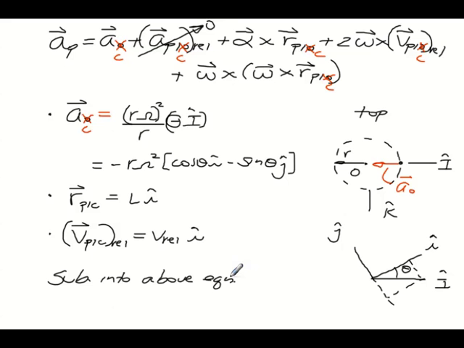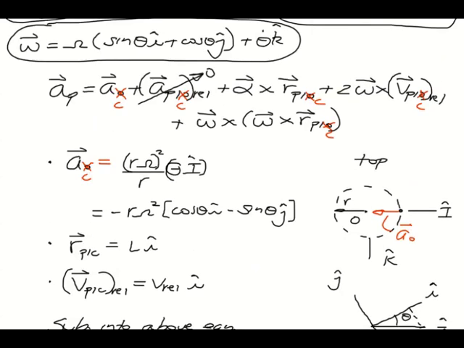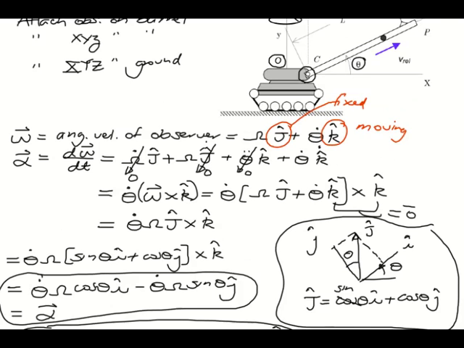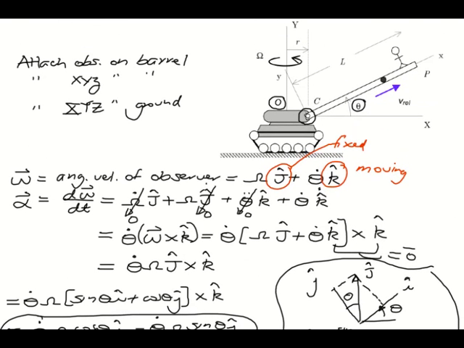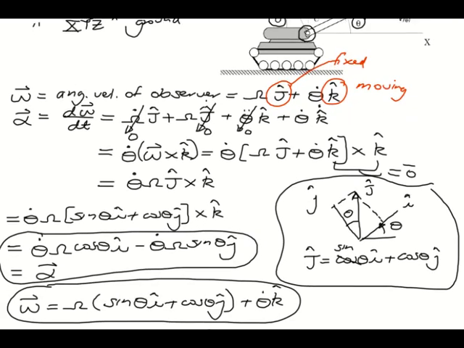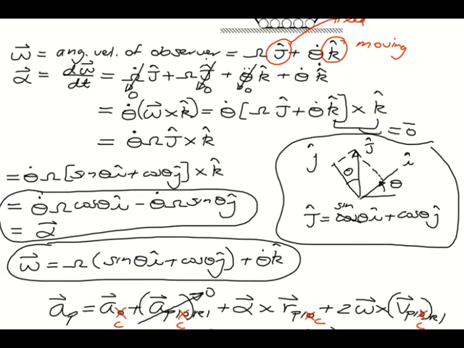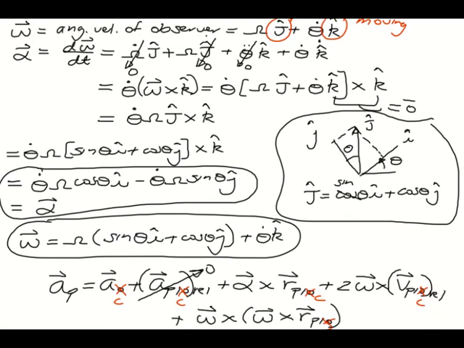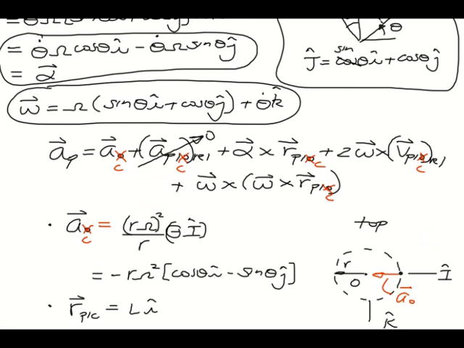So, long problem. What we had to first recognize is that if we wanted the omega for the barrel, it had two components. One about a fixed axis of big J, and one about a moving axis of K. We did our usual differentiation of omega to get the alpha vector. We had to do a coordinate transformation to transform big J over to small i and j. And then we used the moving reference frame equation to predict what the acceleration of that shell is when it leaves the barrel.